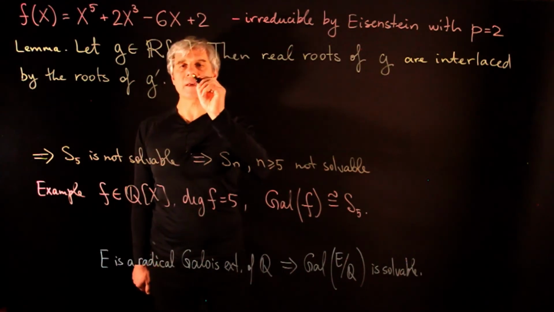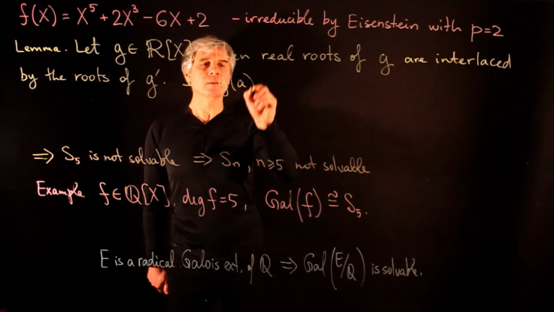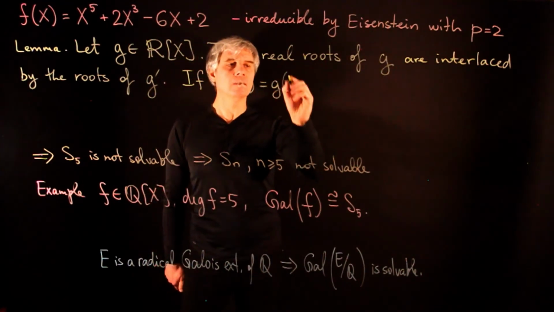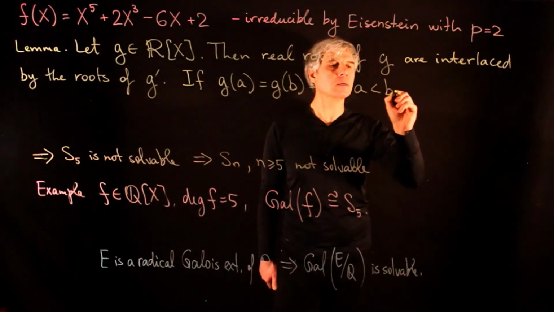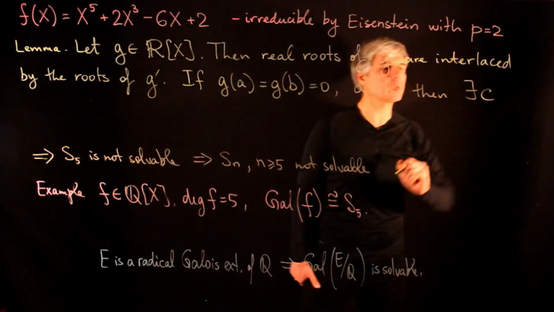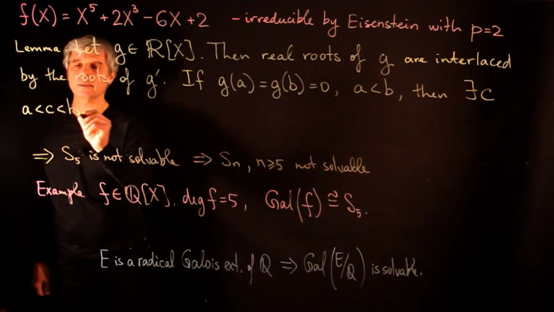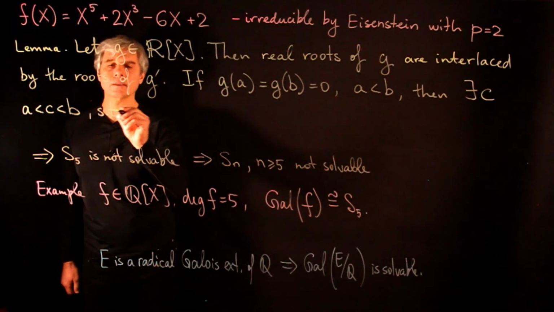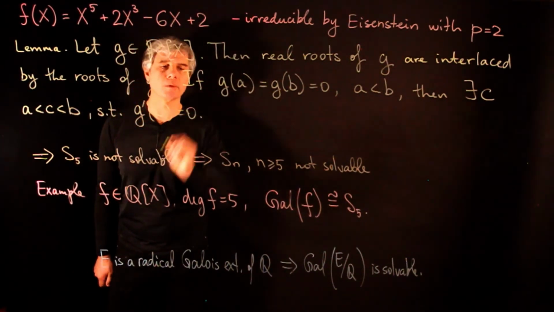More precisely, if g(A) and g(B) are equal to 0, where A is less than B, then there exists a real number C, which is in between A and B, such that g prime of C is equal to 0.